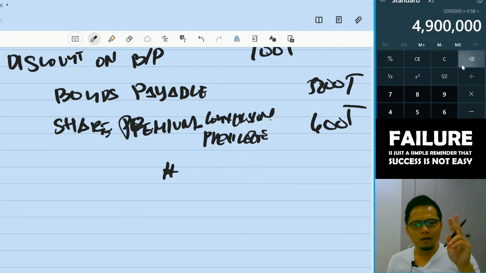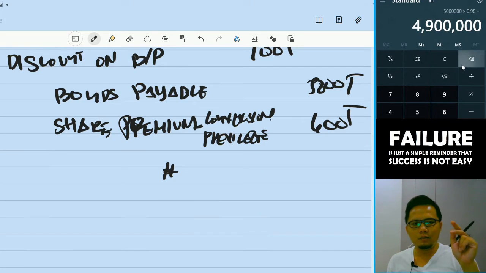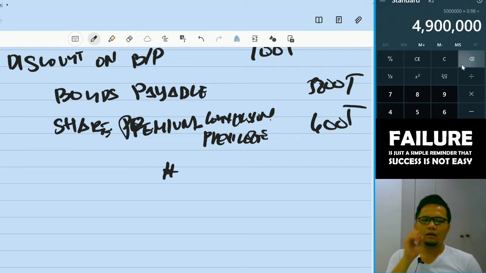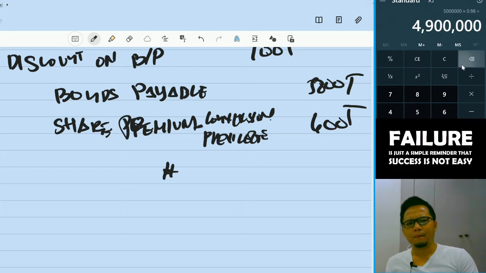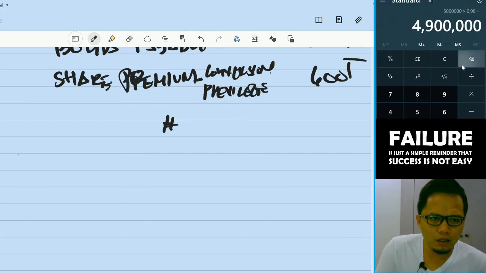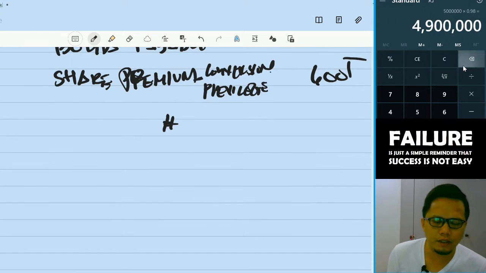So that is the complexity there. How do we treat if it is converted, and how will be the treatment if there is payment lang? Now, let us go first with what if it is converted?